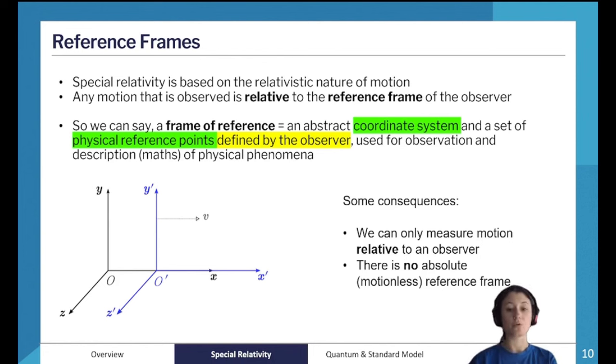It can be moving as long as it's going at a constant velocity. Alright? So you could be driving down the road at 100 km per hour and have a relativistic frame because you're not accelerating. You're just constantly going at 100 km per hour in a straight line. Alright? So that's something that you need to remember because that becomes really important when we're getting into the concepts associated with special relativity.